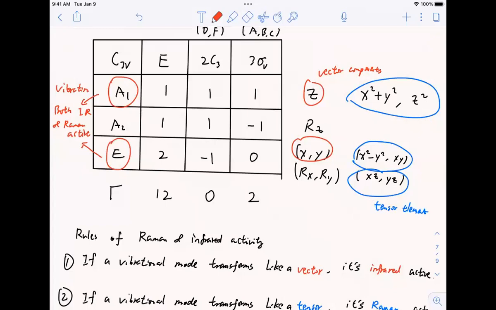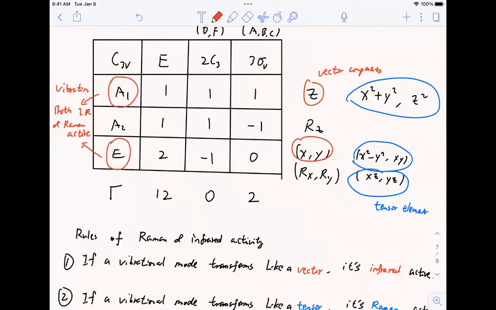Usually for a molecule with low symmetry, the phonon mode can be both Raman and infrared active because the symmetry is low. Once you go to a higher symmetry system, particularly those with inversion symmetry, for every group with inversion symmetry, the infrared and the Raman are exclusive. If you have a particular group like graphene, it has inversion symmetry, then the infrared and Raman modes are not going to overlap. They're exclusive, because the vector and the tensor don't transform in the same way under inversion.